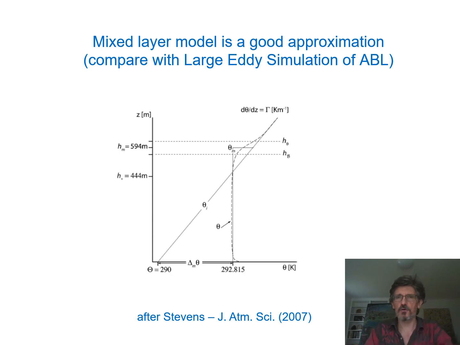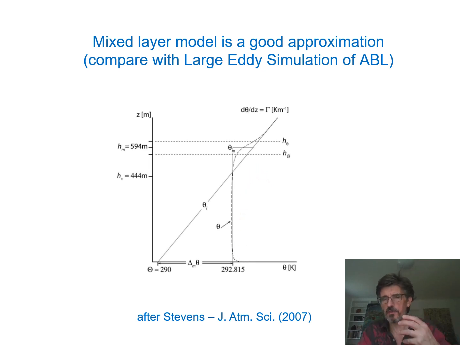But it's also, if you don't like the approximation of mixed layer and you decide to do a top of the line type of calculation, doing turbulence simulation with the so-called large eddy simulation of the atmospheric boundary layer, which is what Stevens has done here in this Journal of Atmospheric Science paper, you will see that after lots of calculation, you will get a profile, and this is potential temperature, which is pretty constant.